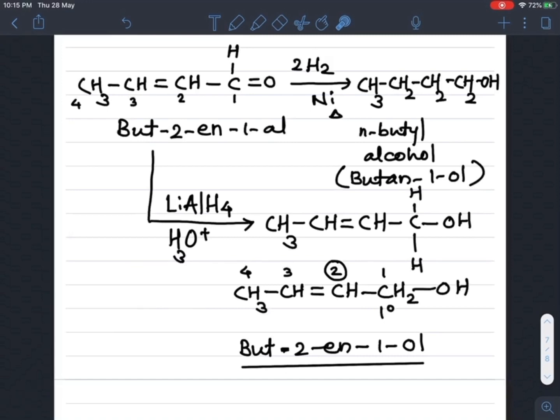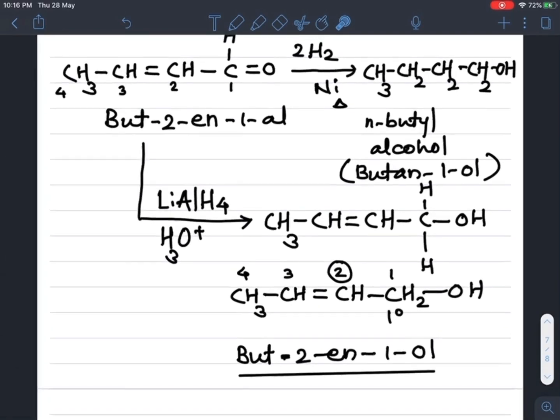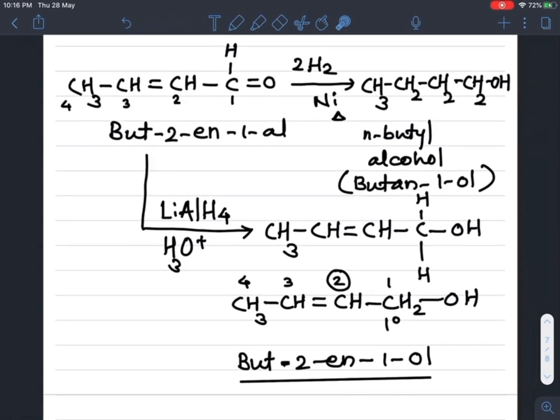So this is the difference between using nickel or LiAlH4 as a reducing agent. This is the in-text question in your textbook also. So here we complete the reduction of aldehydes and ketones by using nickel, platinum, palladium, LiAlH4 or NaBH4 as reducing agents.